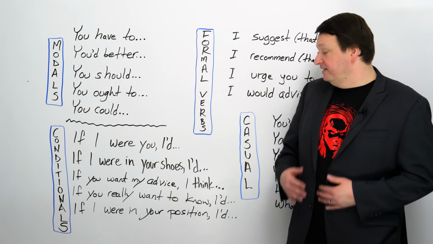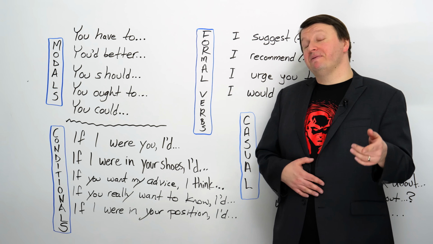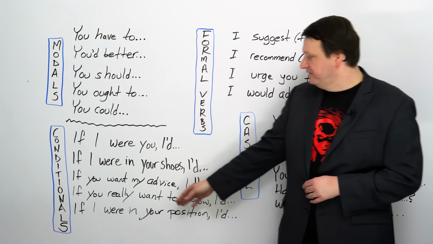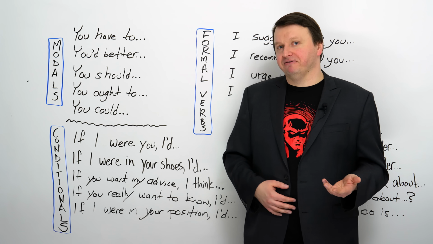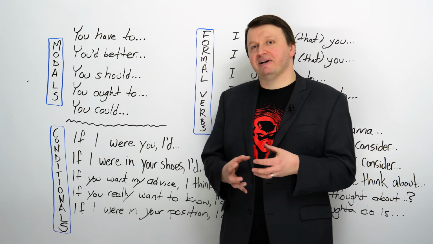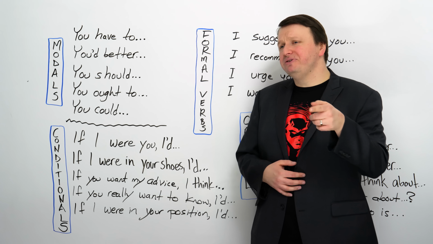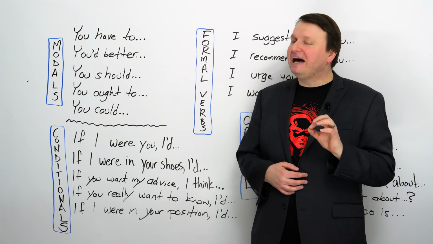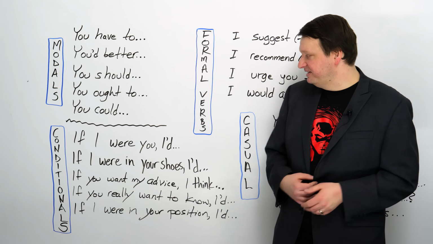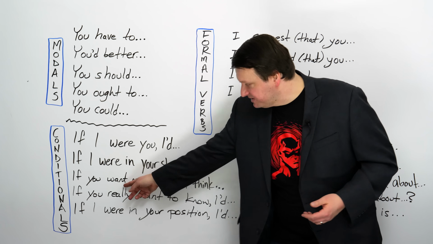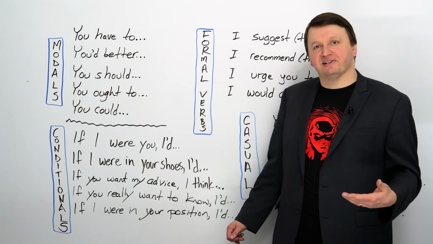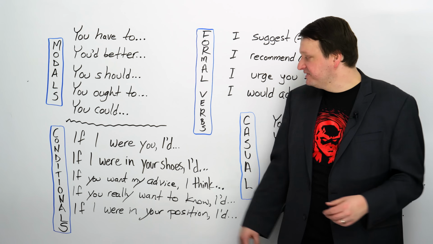Next, listen, if you want my advice, I think, so obviously they want your advice. Sometimes they don't, but you can clarify by saying, hey, if you want my advice, I think. So this is the zero conditional, right? Like you want my advice, present, I think, present, and give your thoughts on whatever the topic is.